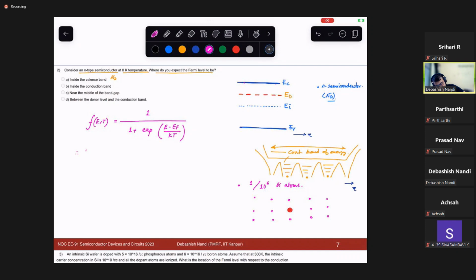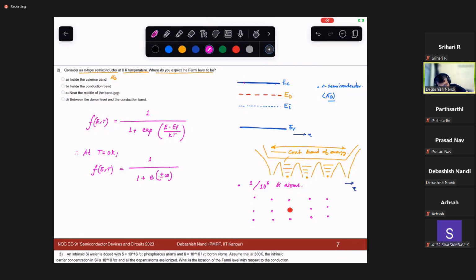So now tell me, at T equal to 0 Kelvin, f of E comma T will be 1 over 1 plus exponential of (E minus EF) over kT, which gives plus or minus infinity.